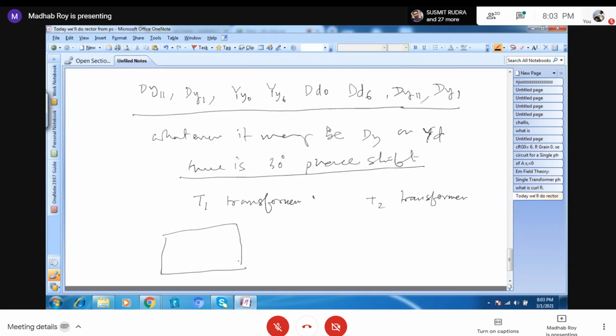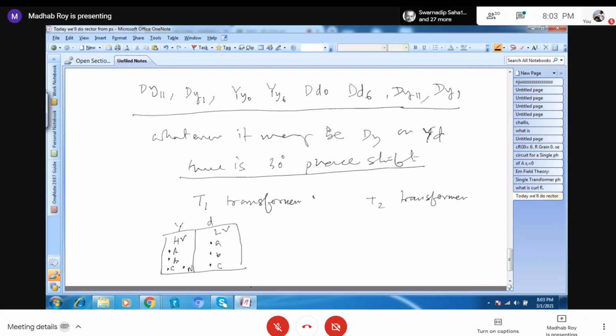In the box you will have an HV side and an LV side. If it is a Y, then it will have terminals 1, 2, 3, A, B, C, and there will be a neutral. If the LV is a Y connection, it will be like this. If it is a delta, then only 3 terminals will be there, that is A, B, C.